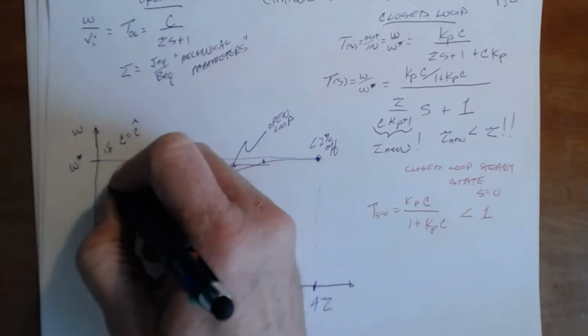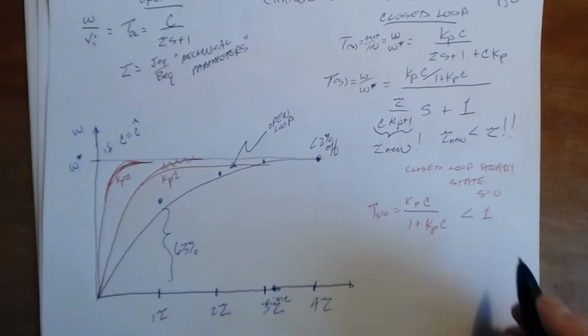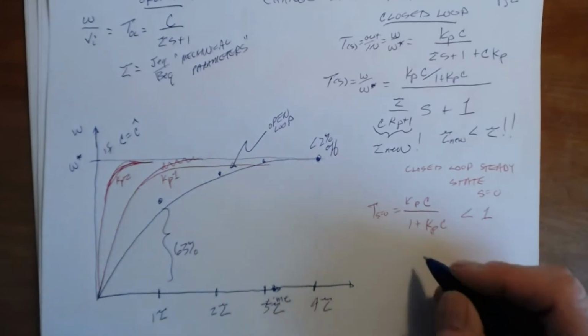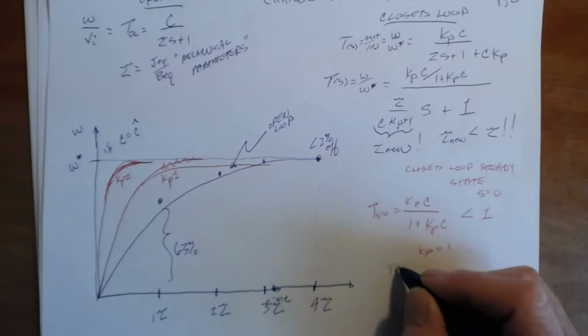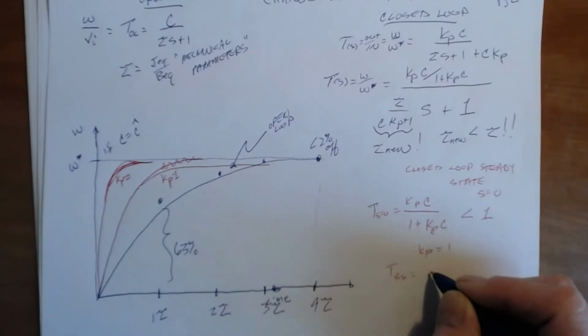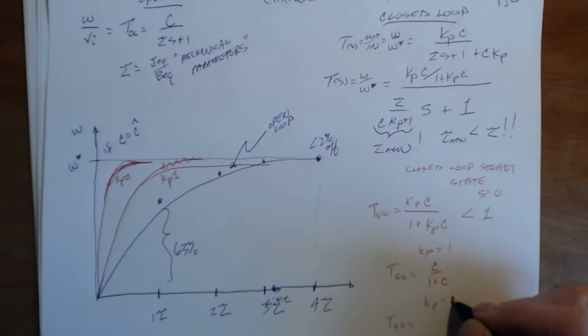When Kp gets bigger, the spot that it settles to is closer. So let's say Kp is equal to 1, then T steady state is equal to C over 1 plus C. When Kp is equal to 10, let's make it 10, that'll make it easier, T steady state is 10C over 1 plus 10C.